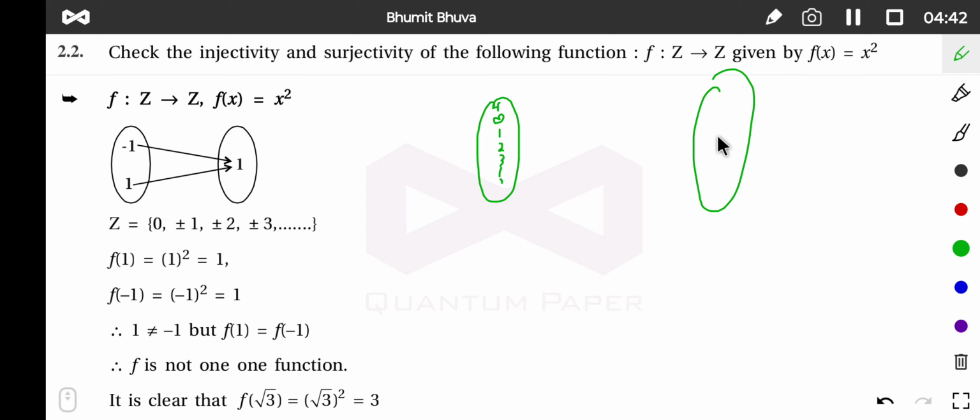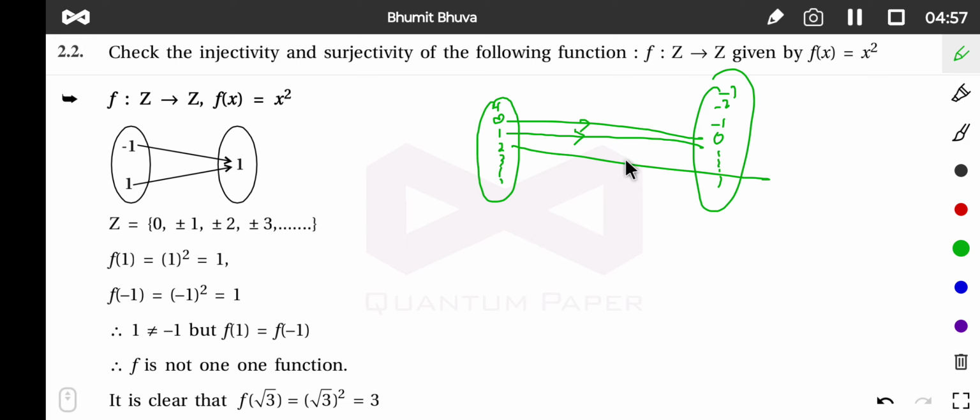The codomain is also the integers 0, -1, -2, -3, 1, 2, 3 and so on. If you take input 0, the answer is 0. If you take input 1, we get answer 1. For 2, answer 4. For -1, answer is 1. So our range set contains only the non-negative values 0, 1, 2, 3, 4 and so on.